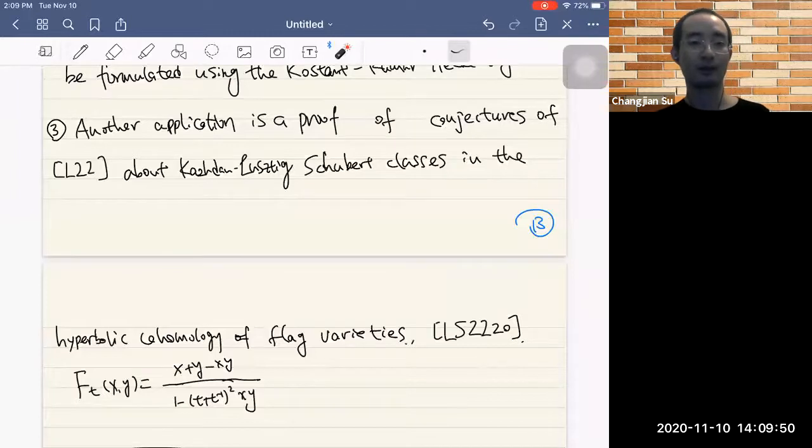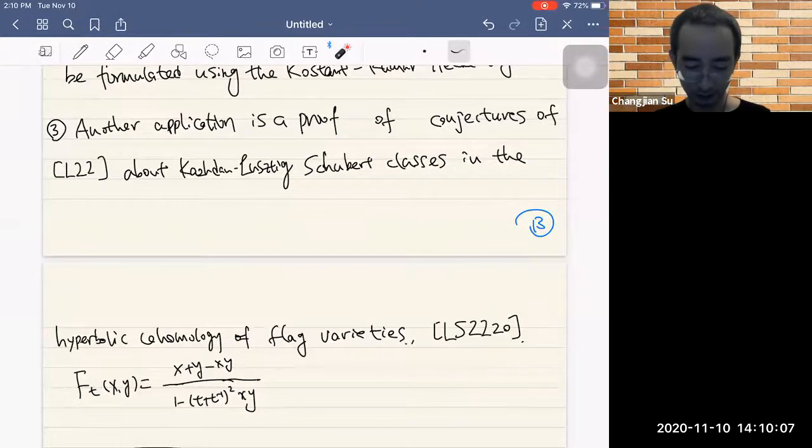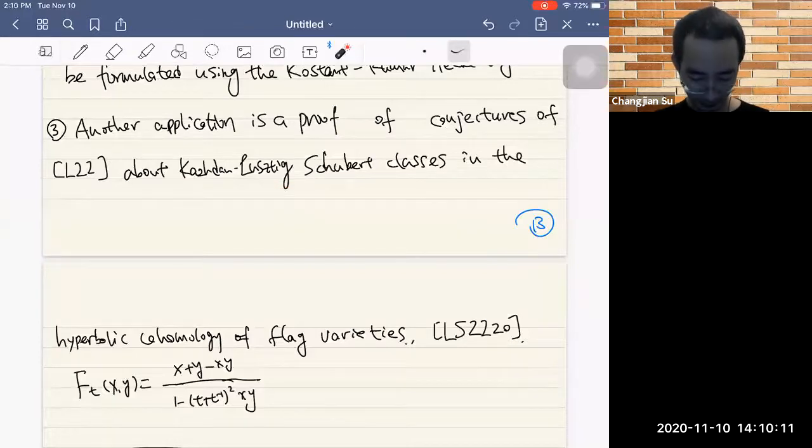If you take the Bott-Samelson resolution and want to define the Schubert classes, this will depend on the choice of the reduced word. So their goal is to define some Schubert classes which do not depend on this reduced expression, and they call these Kazhdan-Lusztig Schubert classes.